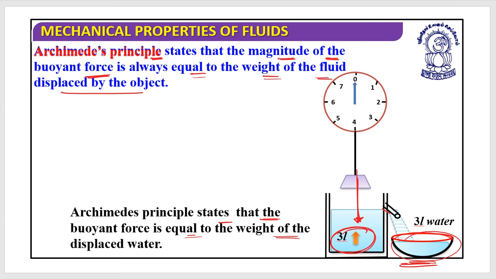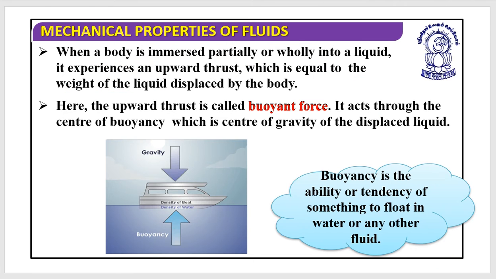So he states that the buoyant force is equal to the weight of the liquid displaced. I hope this is clear. So when a body is immersed partially or wholly into a liquid, it experiences an upward thrust, which is equal to the weight of the liquid displaced by the body.